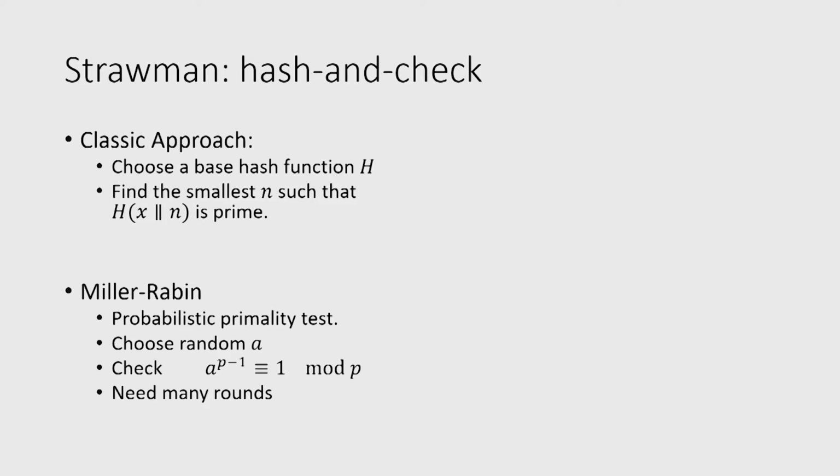As an example of a primality test, you might use Miller-Rabin, which is a probabilistic primality test in which you run many rounds, and in every round you choose a random integer a and do an exponentiation a to the p minus 1 mod p, where p is this claimed prime. In order to have this be sound, you need to do a whole bunch of rounds, so you're going to be doing many exponentiations.